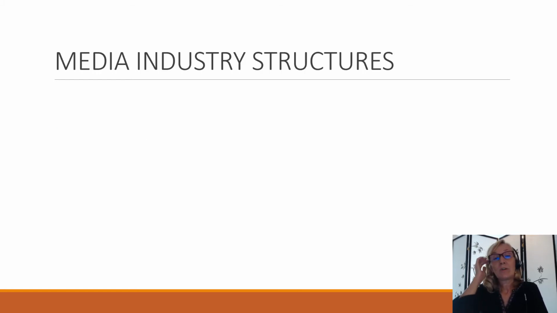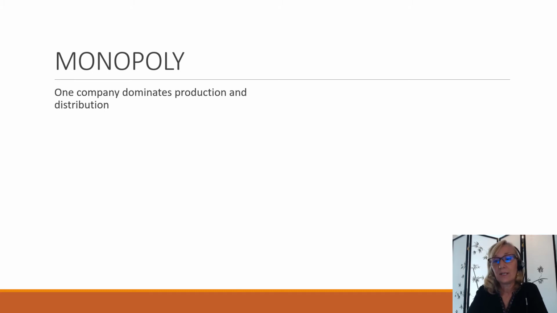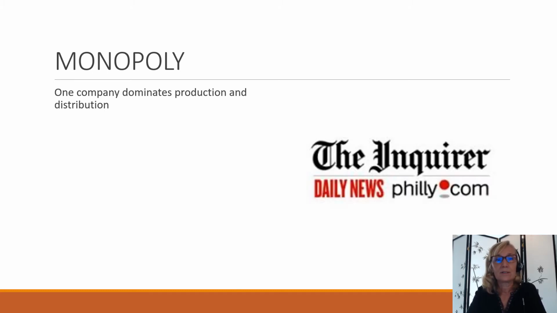Media industry structures are important to understand to get a handle on the kinds of competition or lack of competition that face various media platforms. Certainly one is the monopoly, and in monopoly ownership, it's one company that's really dominating production and distribution.